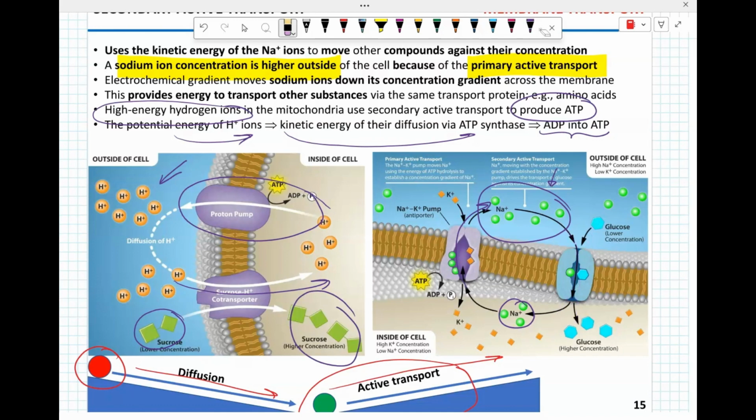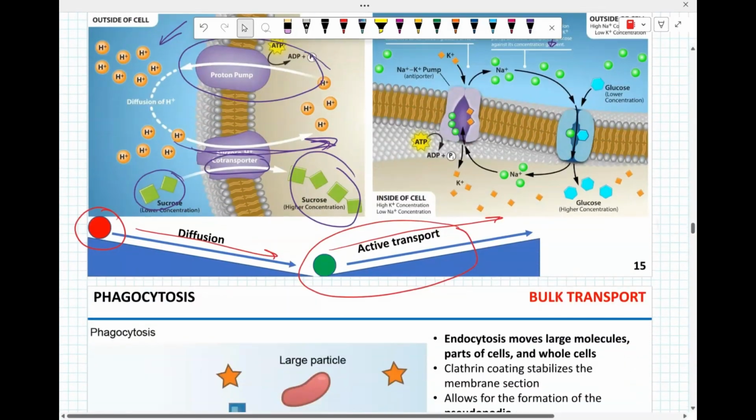Now, when sodium or hydrogen move in the same direction as the molecule that they facilitate the transport for, we call this a co-transporter or symporter. But when the directions are opposite, we call these molecules antiporters.